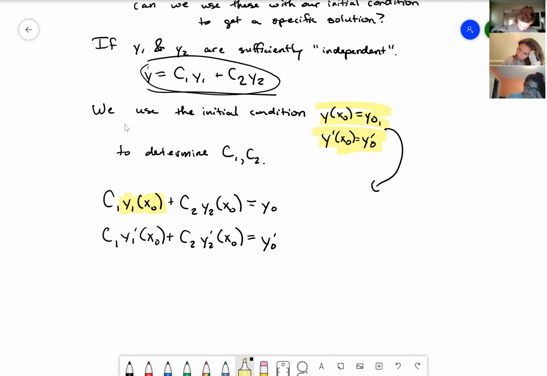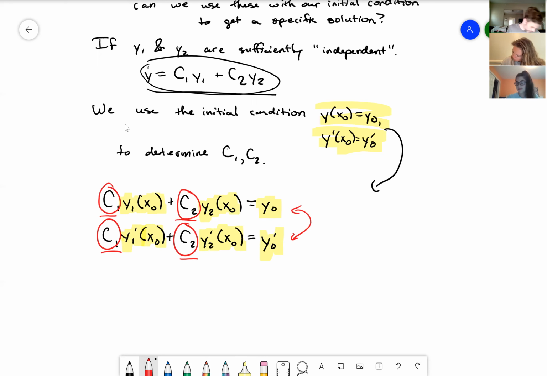So we know what y1 of x0 is, y2 of x0, y0, y1 prime of x0, y2 prime of x0, and y prime 0. We know what all these values are, and the unknowns are c1 and c2. So this is a system of two equations and two unknowns.